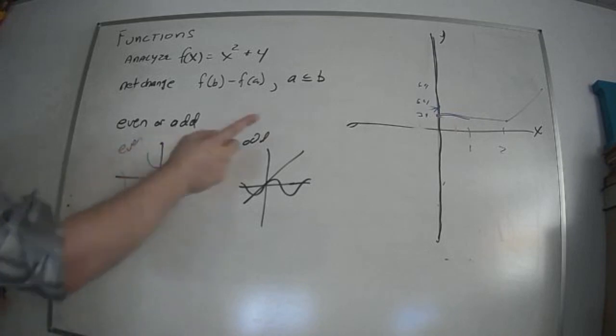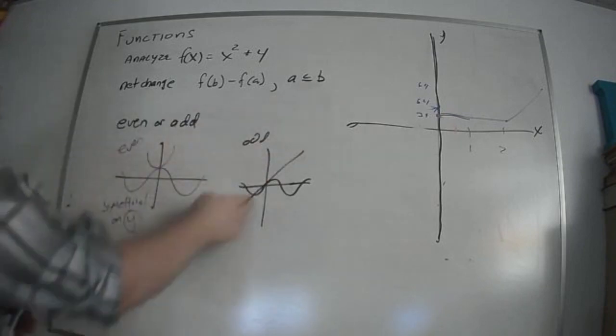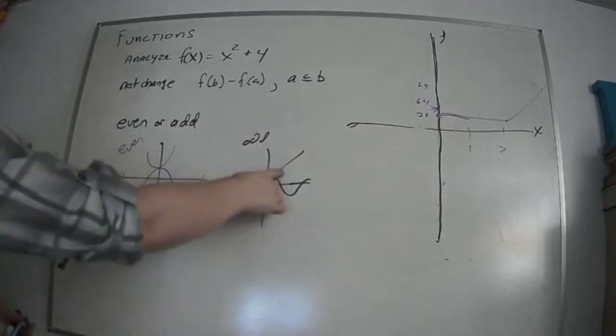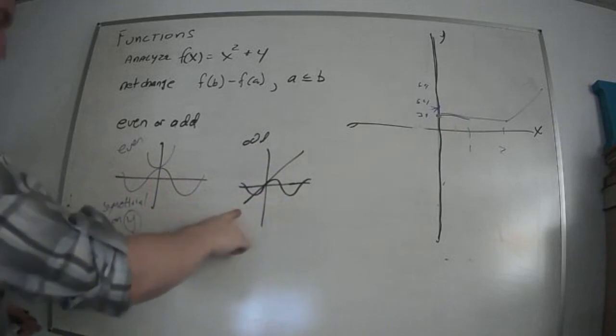And I showed that for the parabola already. And as you can see, for a straight line, every x value has its own y value, and every y value only comes from one x value. X is 2 gives you y is 2, whereas x is negative 2 gives you y is negative 2.